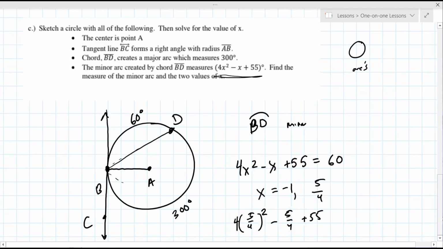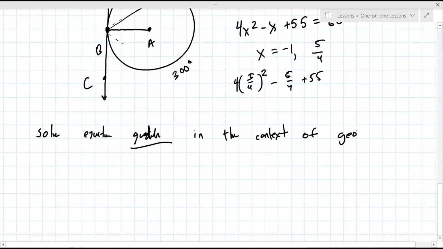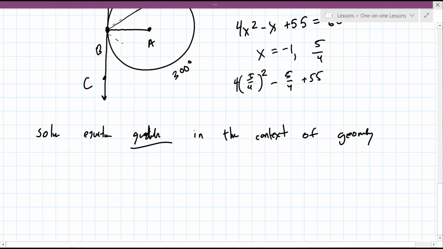What I see here is that your instructor is emphasizing solving some sort of equation, which we've seen a quadratic twice, in the context of geometry. Well, yeah.